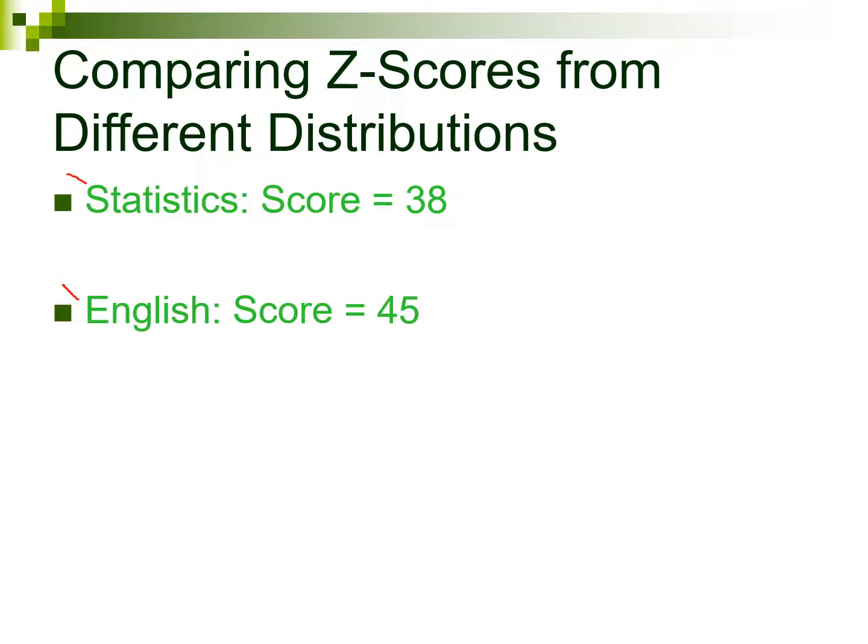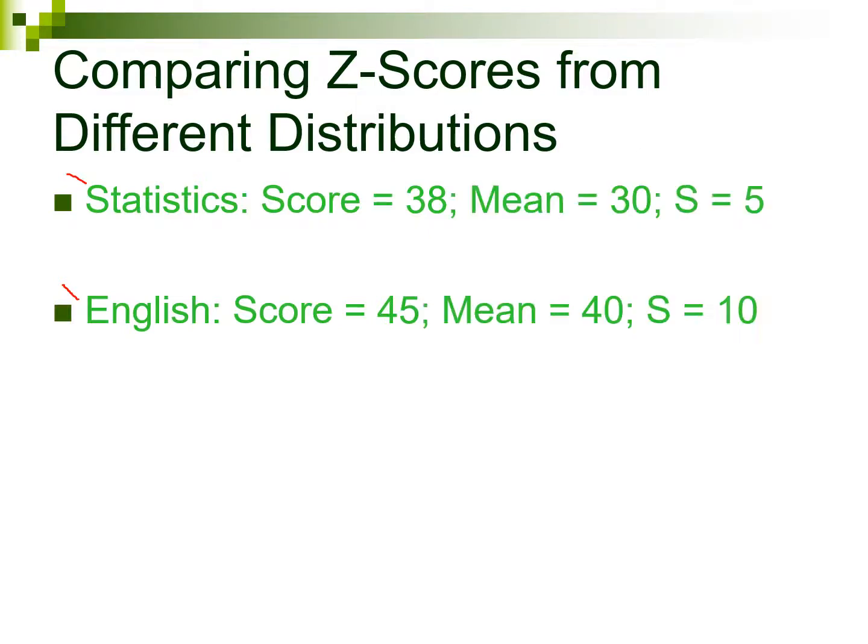Instead, what we need to do is to transform these raw scores into z-scores. To do that, we are going to need to know the means and the standard deviations of the exam grades. So here we have the mean and the standard deviation of the exam scores for the statistics class. And here we have the mean and the standard deviation of the exam scores for the English class.